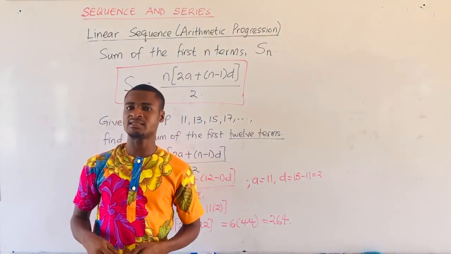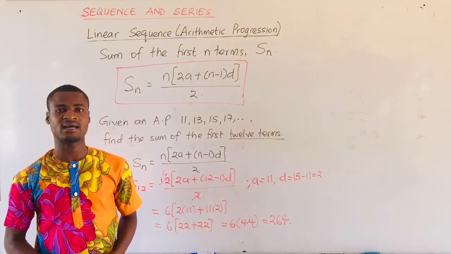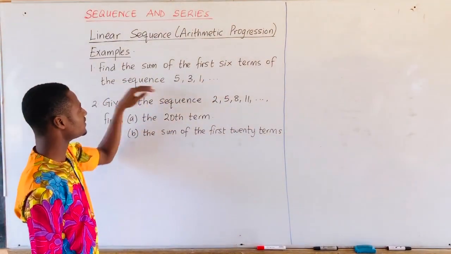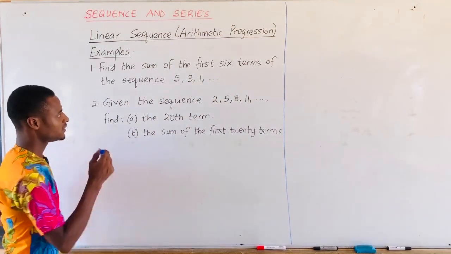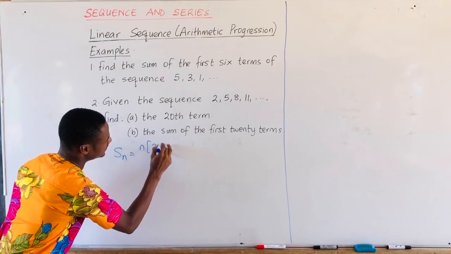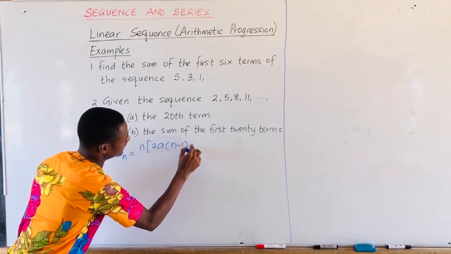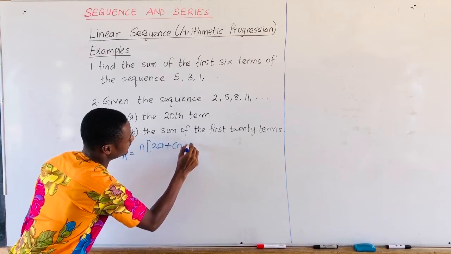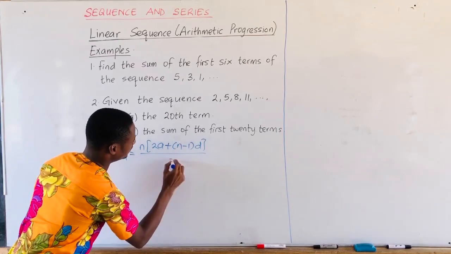We'll take another example on this and then take our assignments. Find the sum of the first 6 terms of the given sequence. And we know that the sum of the first n terms is given by n(2a plus (n minus 1)d) all over 2.